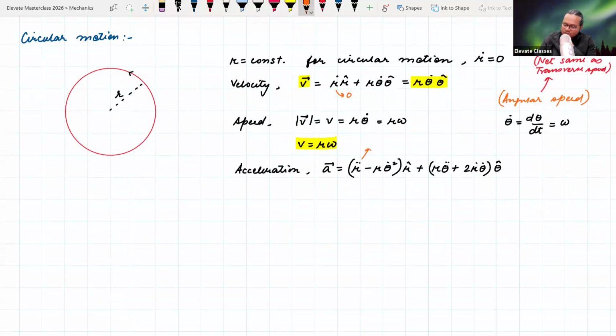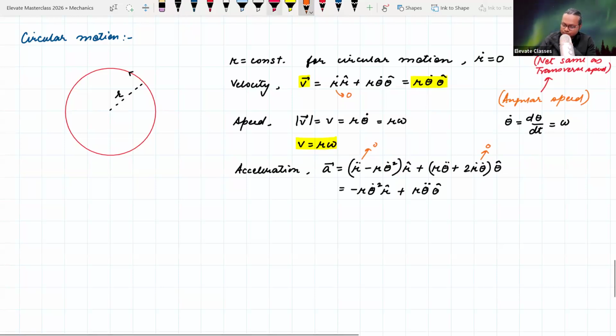So r double dot will also be 0. R dot is 0. So therefore this becomes minus r theta dot square r cap plus r theta double dot theta cap. So here you have radial acceleration.